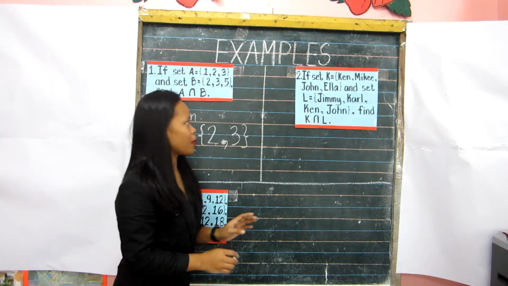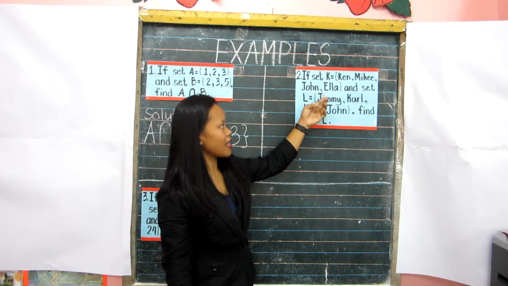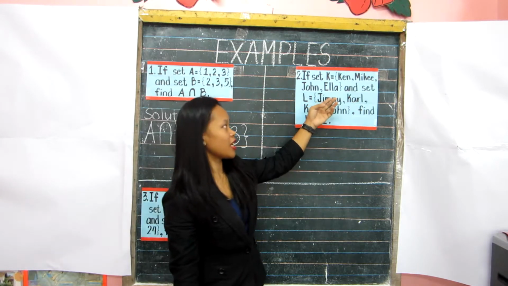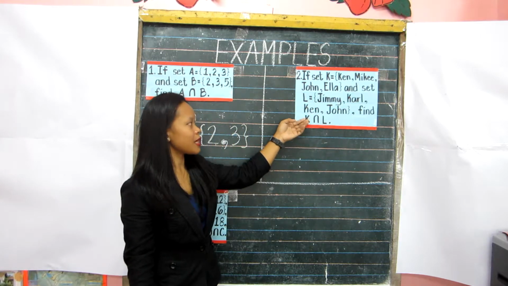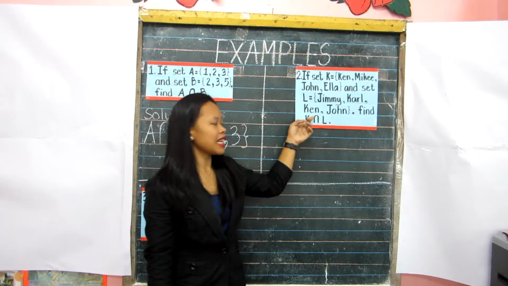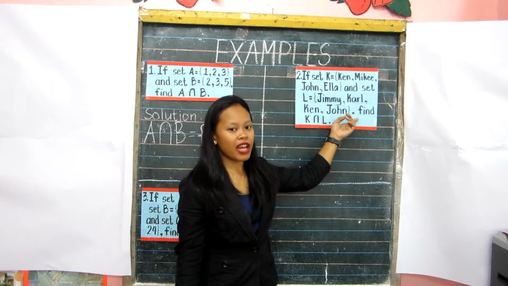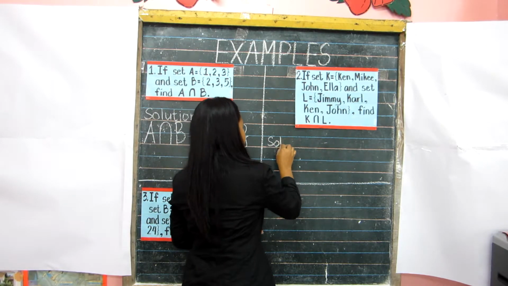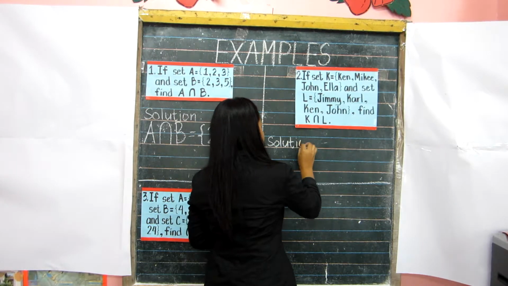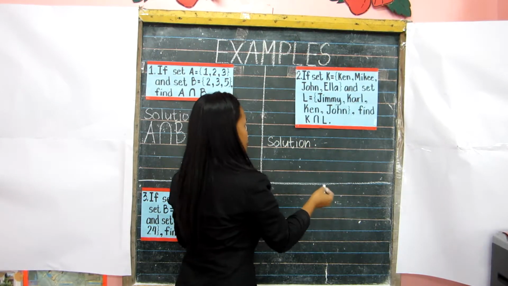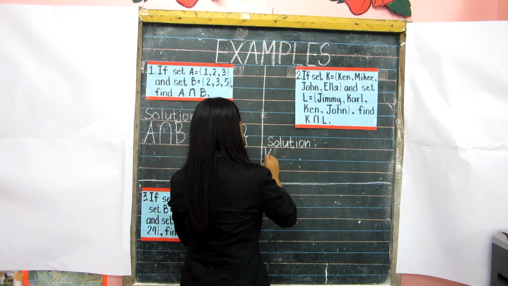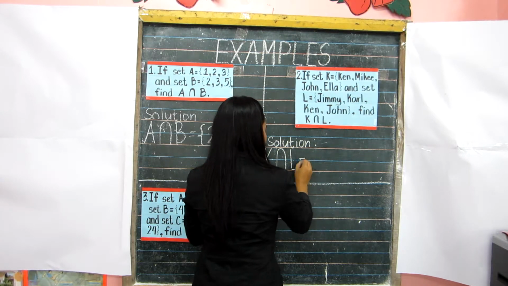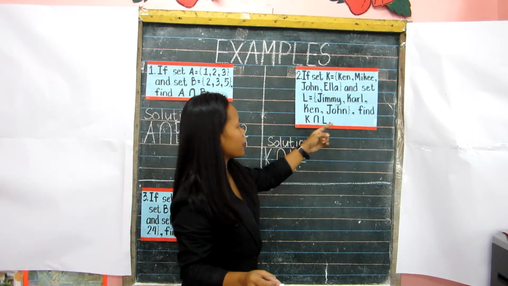Now, for our next example, if set K has the elements Ken, Mickey, John, and Ella, and set L has the elements Jimmy, Carl, Ken, and John, find K intersection L. For our solution, we need to find K intersection L. Let's take a look at what the common elements are.